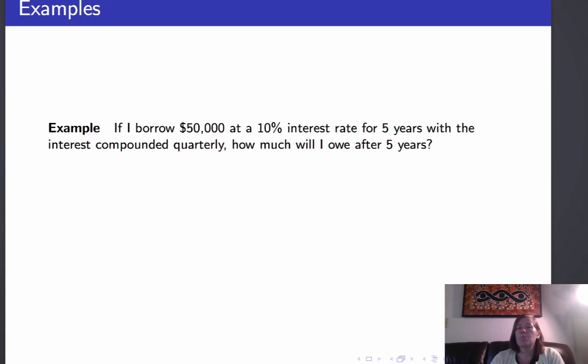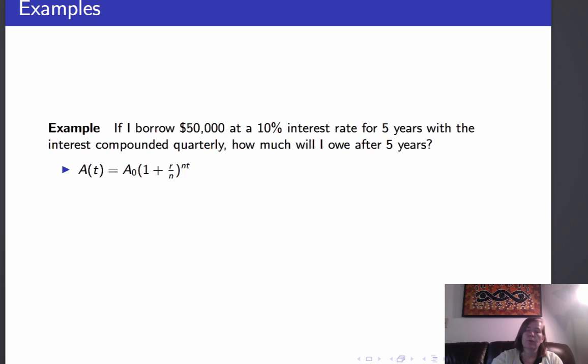So let's see, if I borrow $50,000 at a 10% interest rate for 5 years, and the interest is compounded quarterly, how much will I owe after 5 years? Well, the amount after t years is going to be the initial amount times 1 plus r over n to the nt.